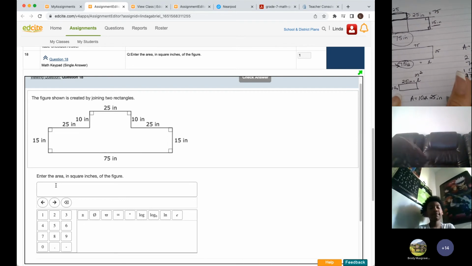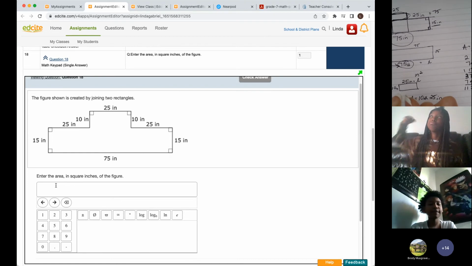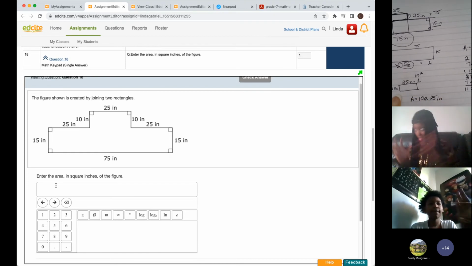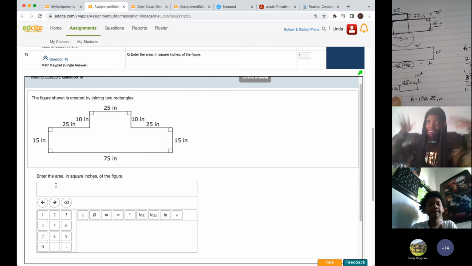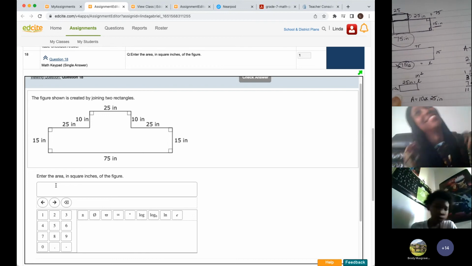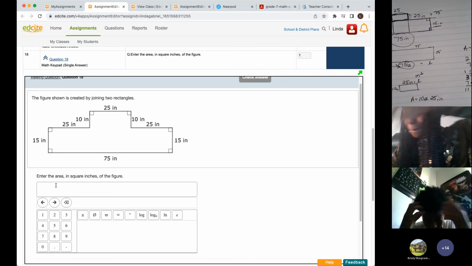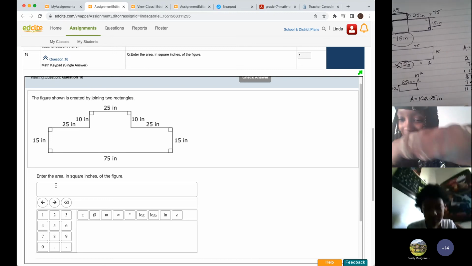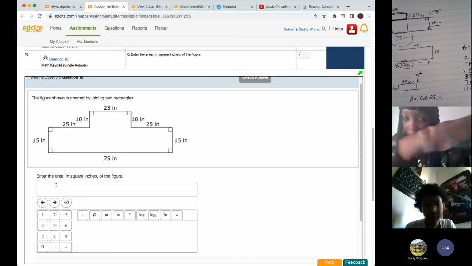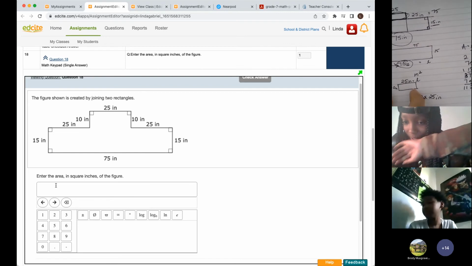Okay, 10 times 25. 0, 0. 1 times 5 is 5. Oops, I forgot to put 0. Sorry. 1 times 2 is 2. So I've got 0 plus 0, 0 plus 5 is 5, 2. I have 250. So that means that I have 250 inches squared for the little rectangle.